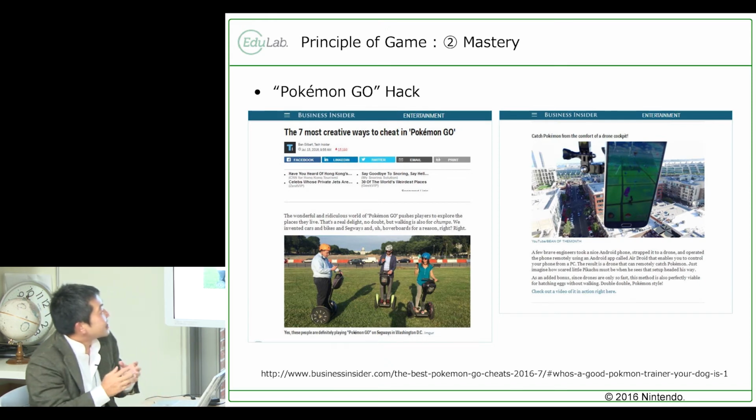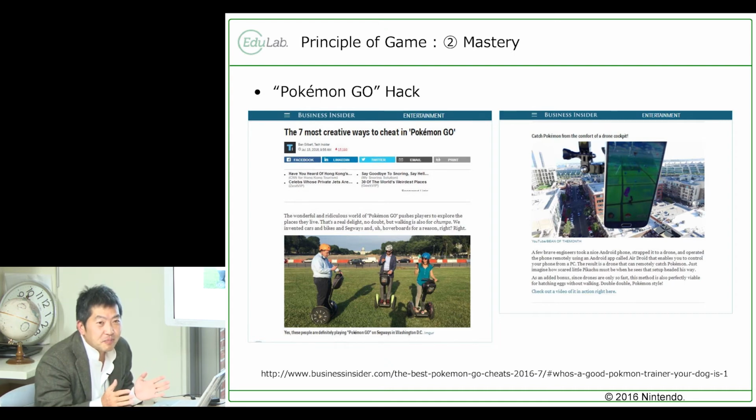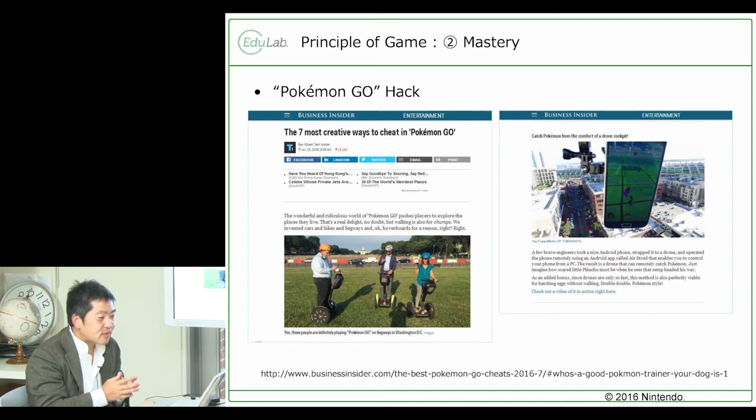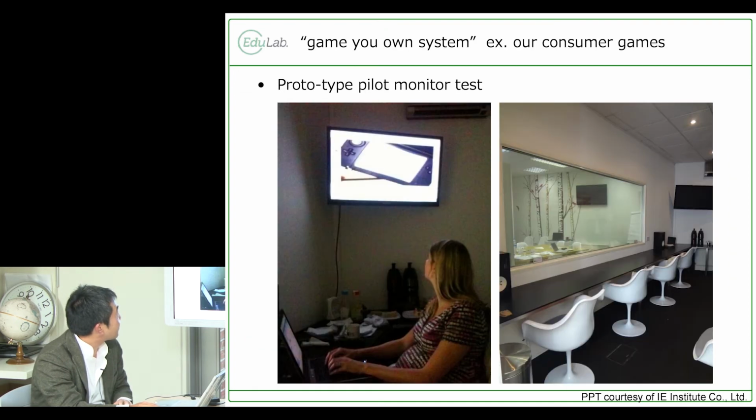Yeah, so there's a game mechanic there under an optimal condition, but it's better to have a system where people can't cheat or hack. And this is very important.